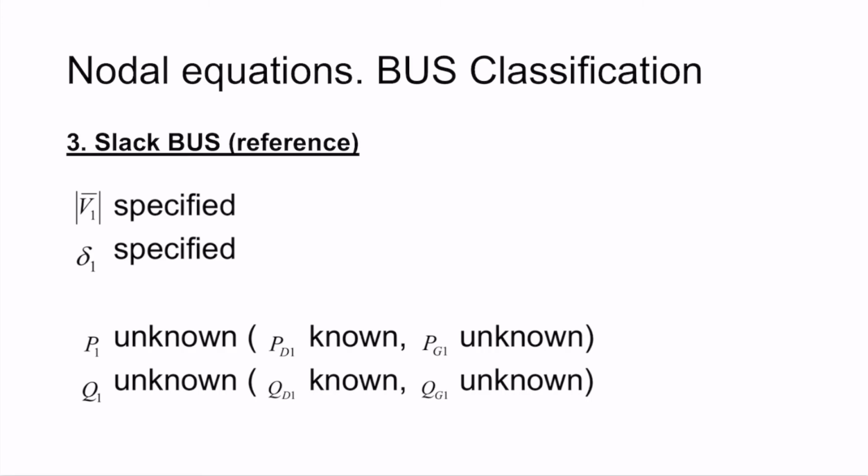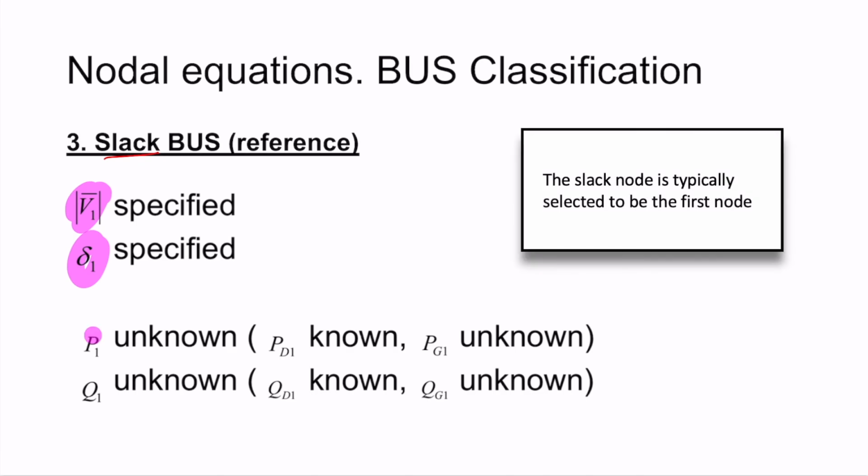So we have to fix one of these nodes to have a phase angle equal to 0. This is what is called the slack bus. So in this particular bus, and there is only one, delta 1 is specified and voltage is specified. So the total power, active and reactive, is unknown.